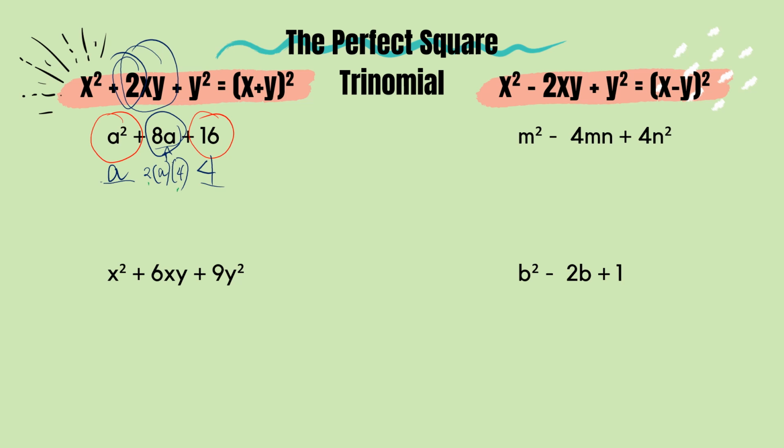So, therefore, this is equals to 8a. Okay, so, nag-satisfy siya doon sa gitna ng given trinomial. Nag-satisfy yung first term, nag-satisfy yung third term. So, ibig sabihin, this given is a perfect square trinomial.